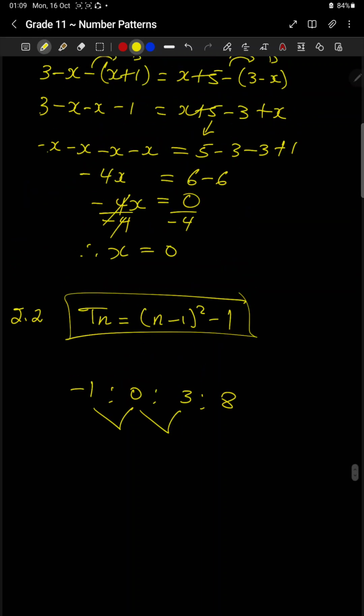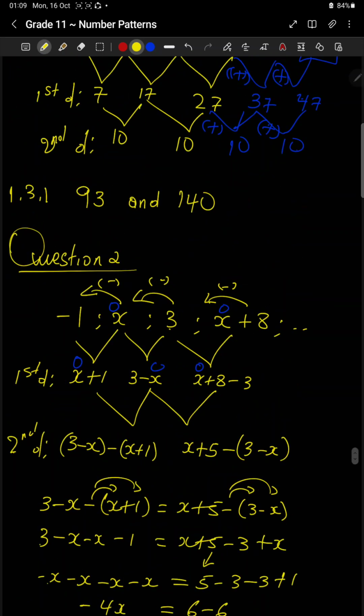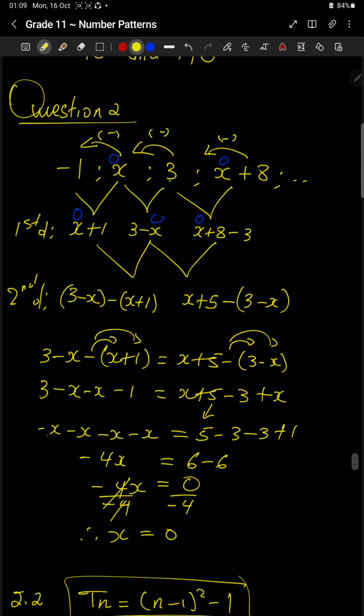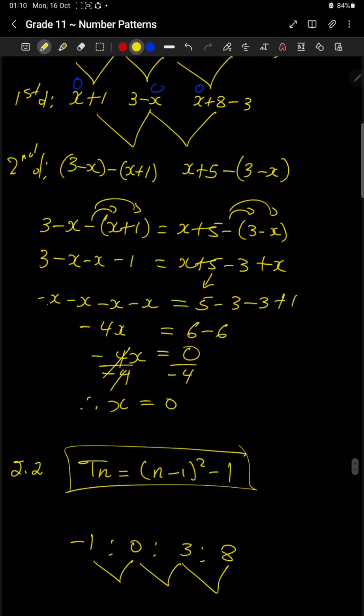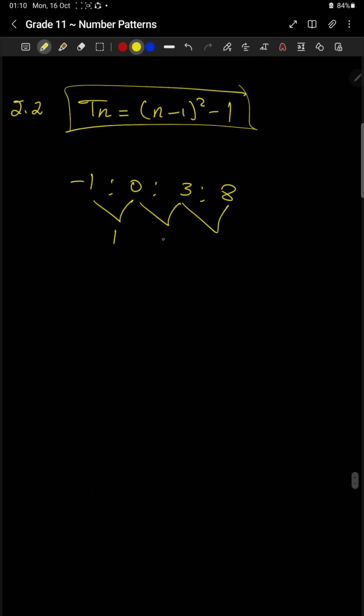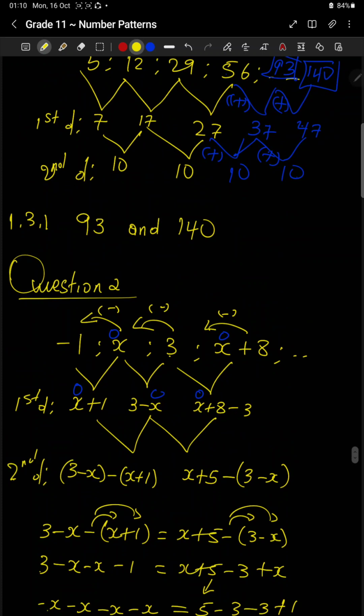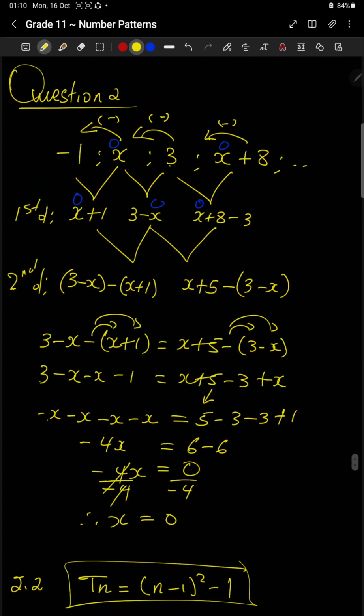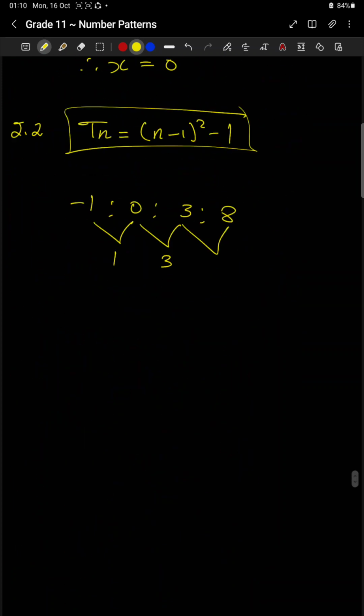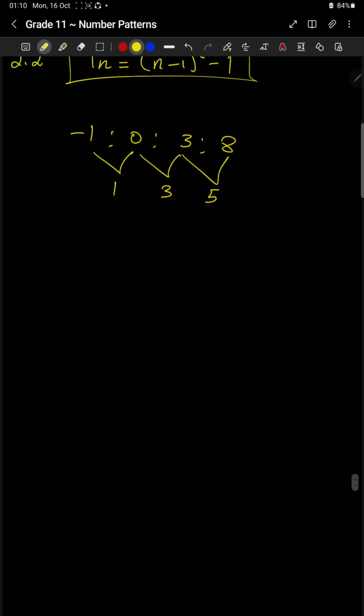the constant difference. So that means it's going to be 1 minus 0, which is 1, and 3 here. 1 and 3, and the 8 must be 5. Okay, which is x plus 5, which will be just 5 here, and then we continue.